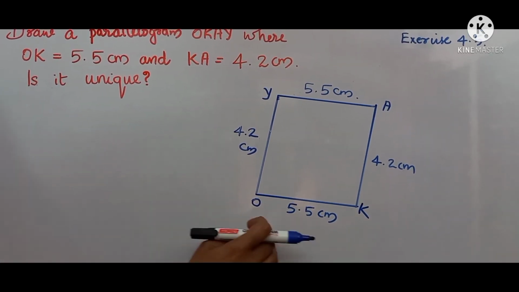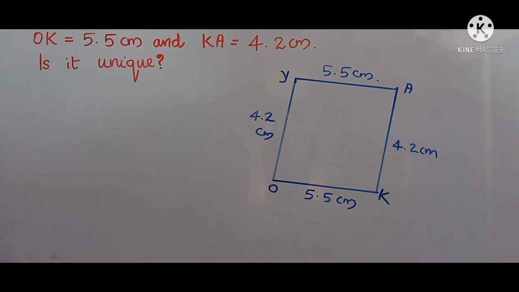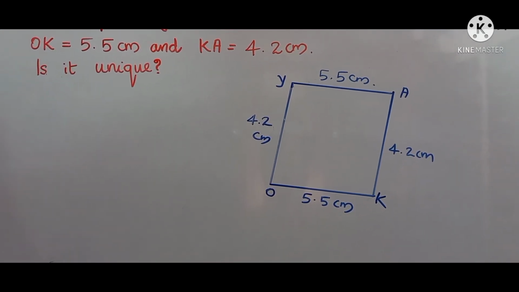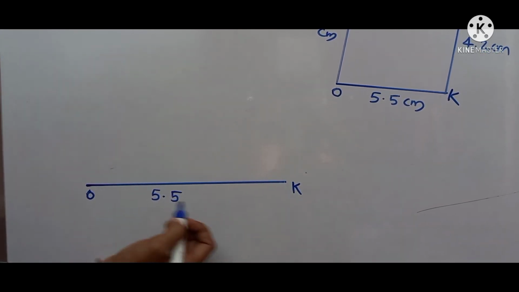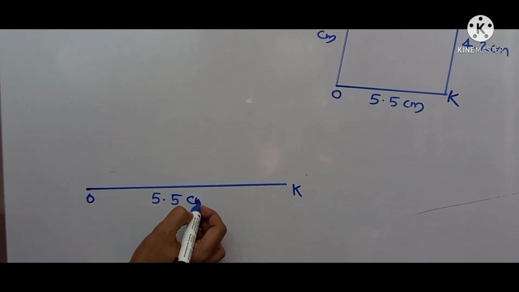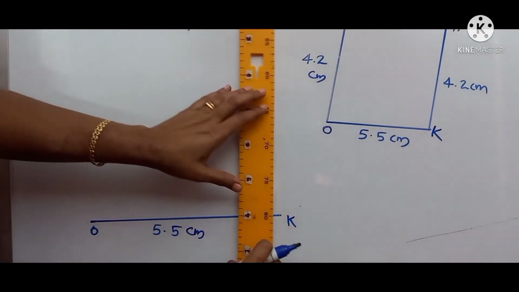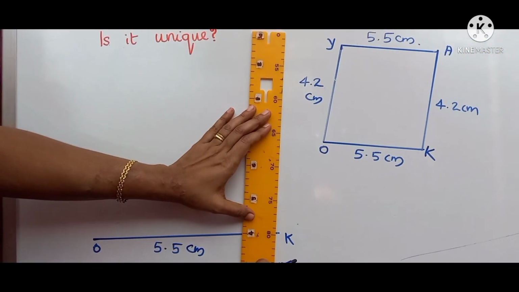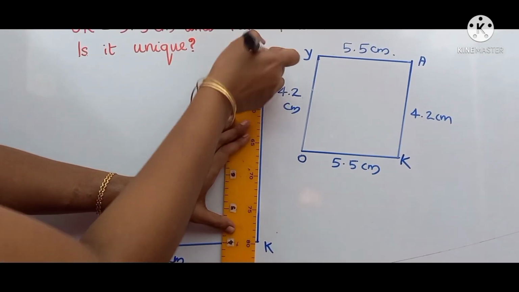So we can construct this parallelogram OKAY. First OK we have to draw 5.5 centimeter. We are drawing OK with the 5.5 centimeter, and next from K just draw a ray. So no need to measure what is that angle. No need to consider these angles.